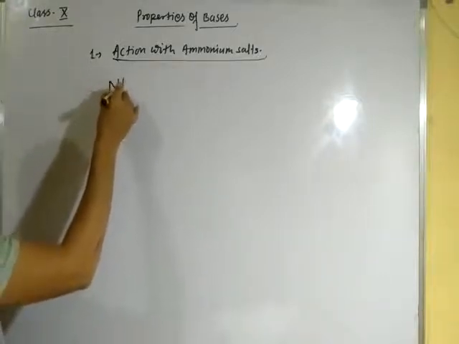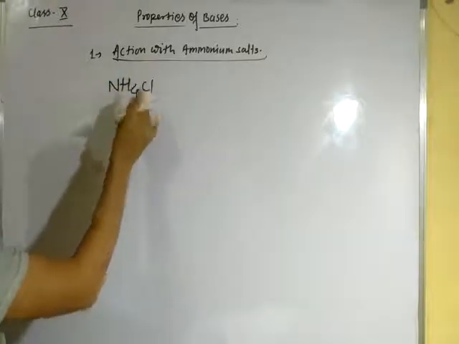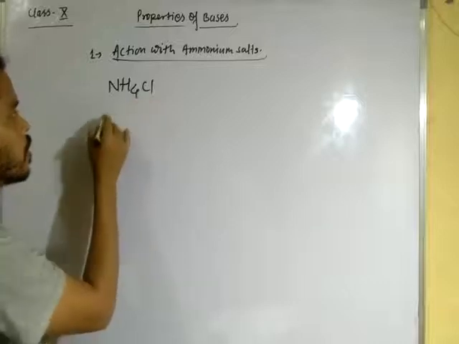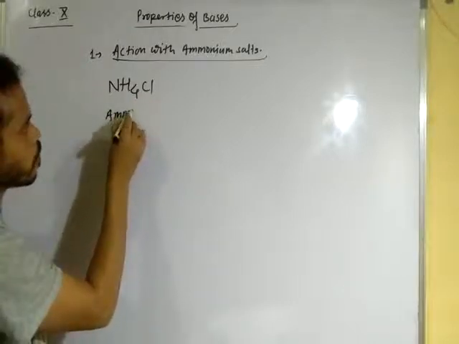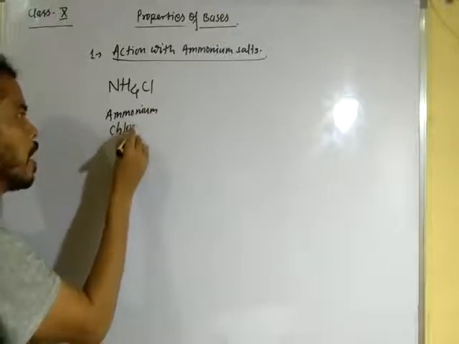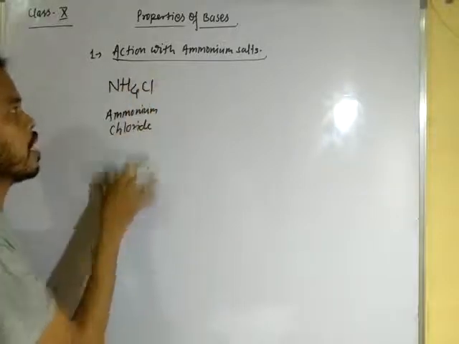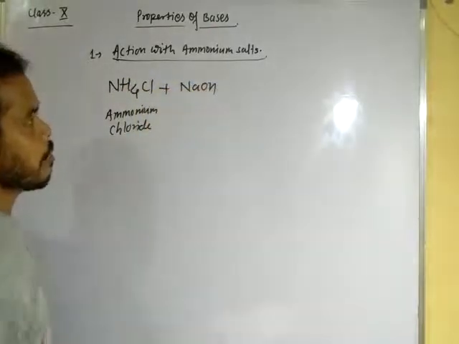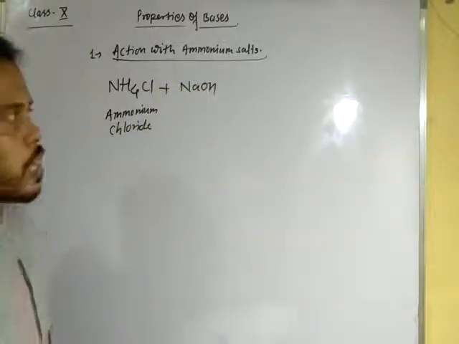Suppose we have NH4Cl, ammonium chloride. This is the ammonium salt. Then the ammonium salt is treated with a base. You know metallic oxides and hydroxides are known as bases.